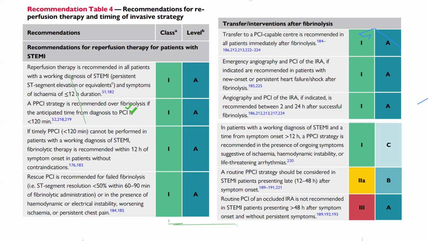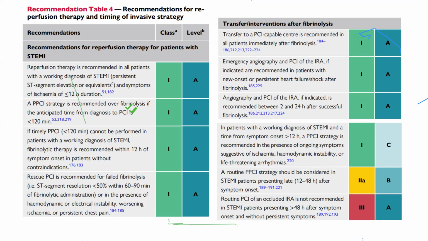Preferably, you want to go in within 12 hours, but beyond 12 hours, if your patient has evidence of ischemia, ongoing chest pain, low BP, sustained VTs, etc., then even though it's beyond 12 hours, it's advised for you to go in.